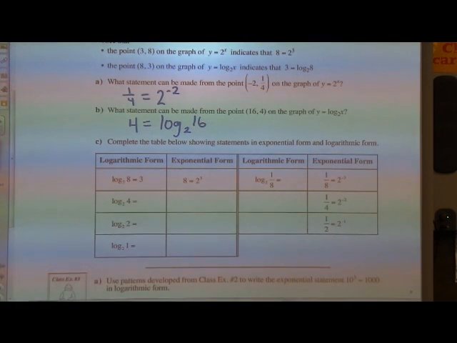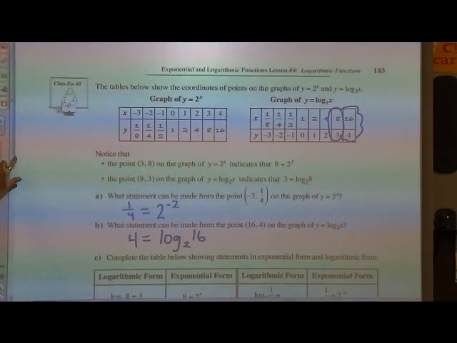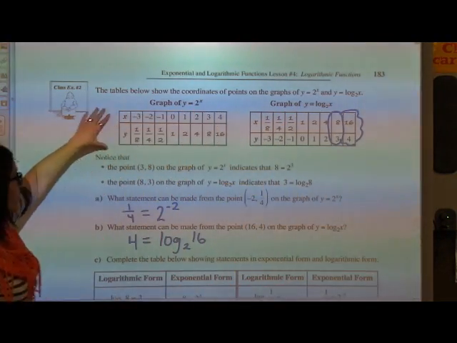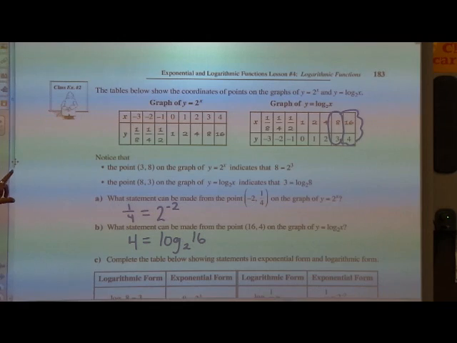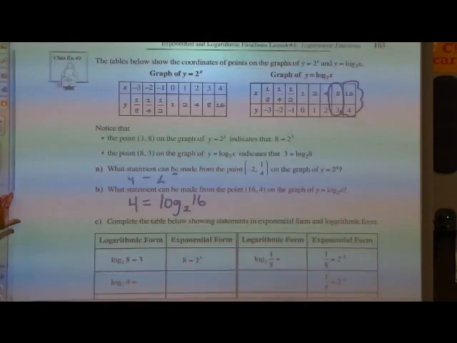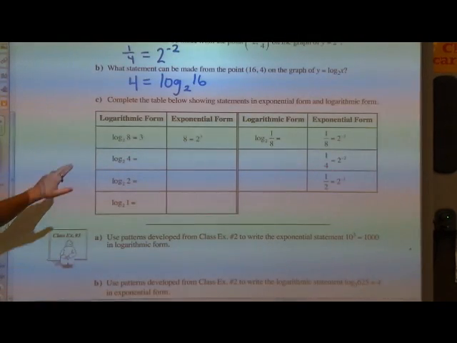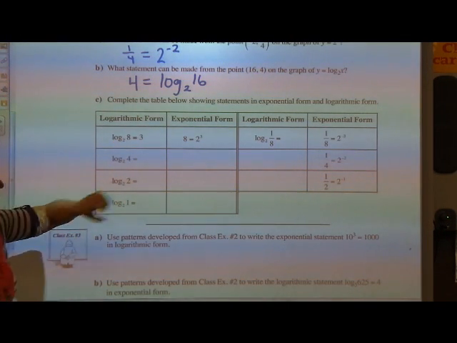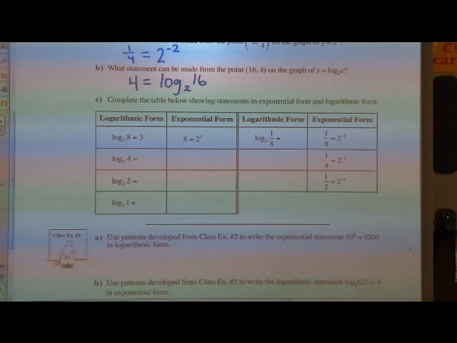When we look at question C, we start to see some connections between exponential and logarithmic form. So the logarithmic form we get from this table here, and the exponential form we're getting from this table over here. So log base 2 of 8, that's how we read it, log base 2 of 8 equals 3, and 8 equals 2 to the power of 3.